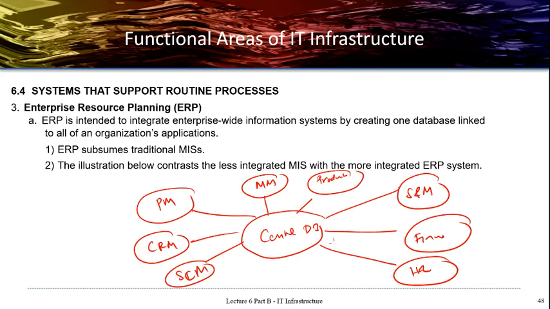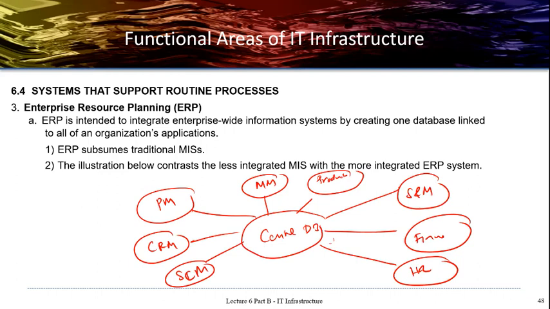Otherwise, what happens is silos of information. The finance department will have a different system, HR will have a different system, production will have a different system. So much manual work that you have to do, and it's not accurate also. It's not speedy.